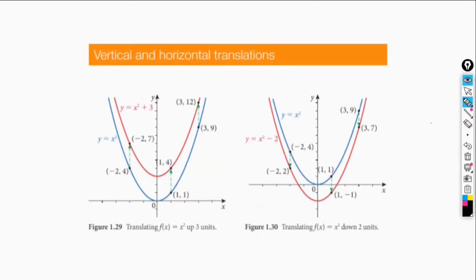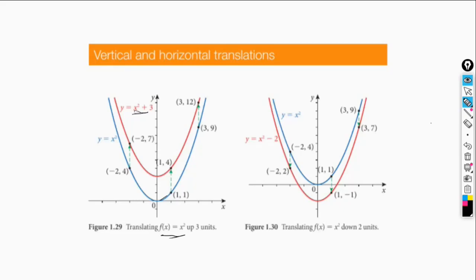So first we're going to look at the vertical and horizontal translations. And on this graph, which is figure 1.29 to the left, we see in blue here, the function f of x equals x squared. And in red, you see the function x squared plus 3.